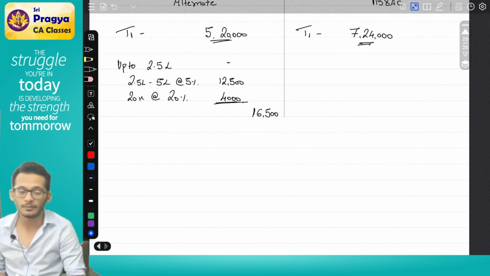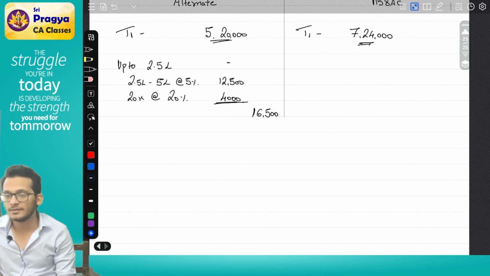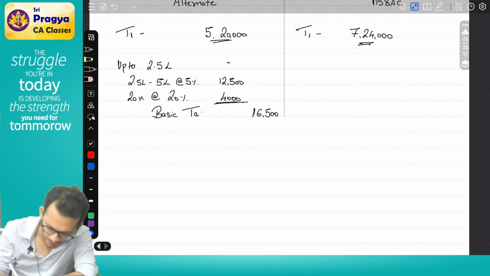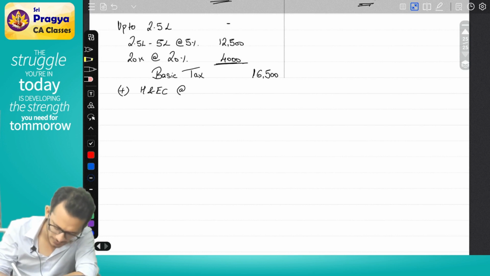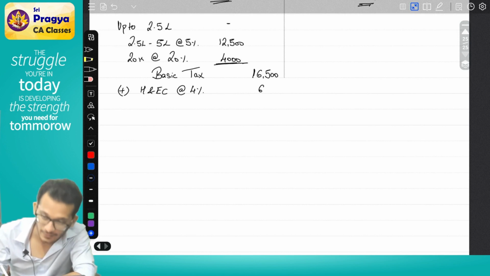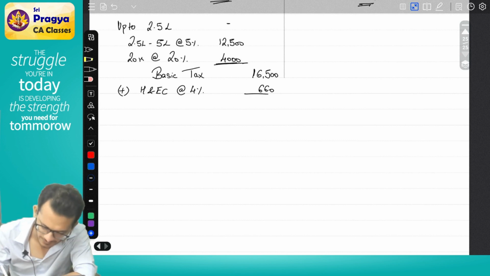I am middle class, am I eligible for rebate? No, I'm not eligible for rebate, so this becomes my basic tax. On this, I will add health and education cess at the rate of 4%, which is 660. The number becomes 17,160.